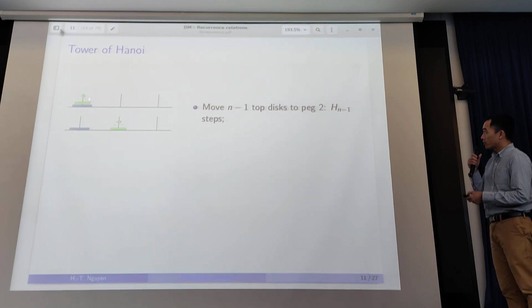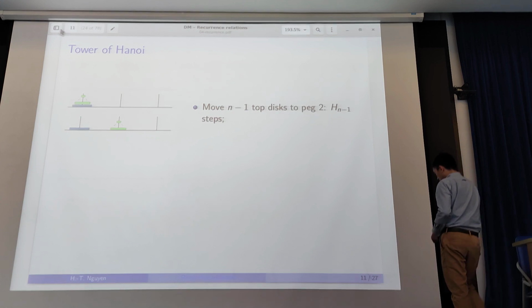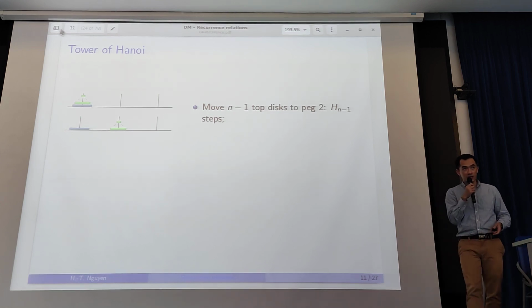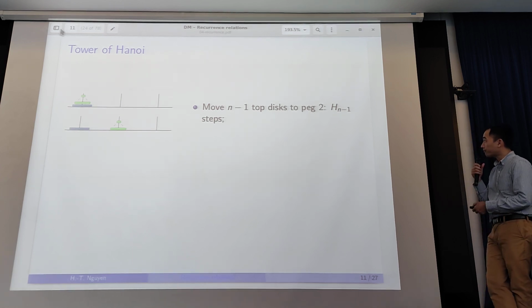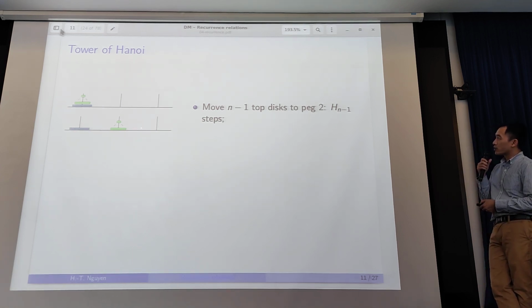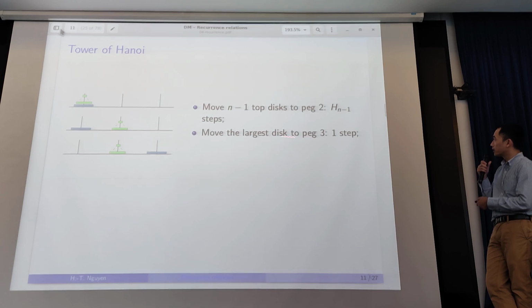So in order to go from here to here, you need exactly H(n-1) steps. Here H(n) denotes the optimal number of moves for n discs. And now, once we have this configuration, we move this blue disc here. And we need only one move to do that.